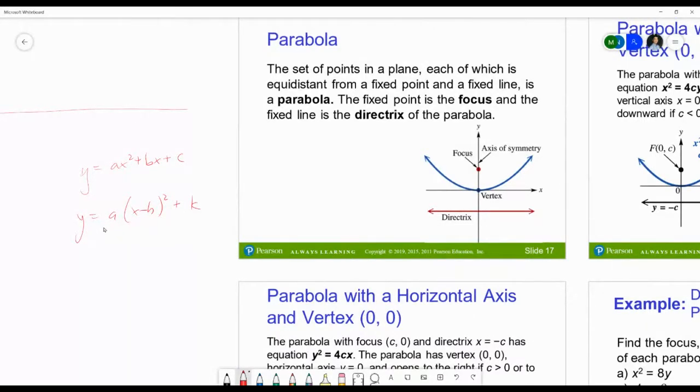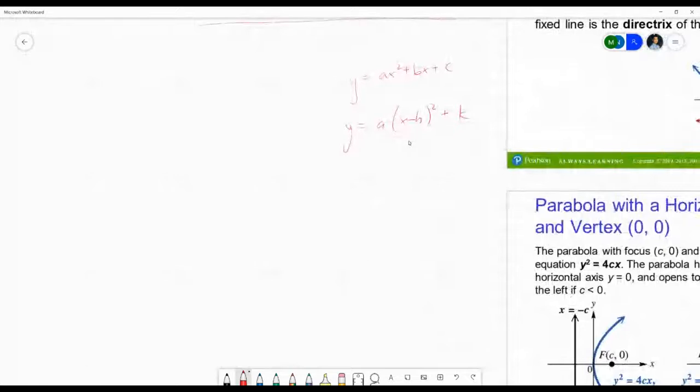Well, we're going to look at a different way to understand the parabola, because here it's only understood in the sense that it opens up or down. But we're going to look at parabolas that open left or right, and see how we can determine whether we have one of these scenarios or not.